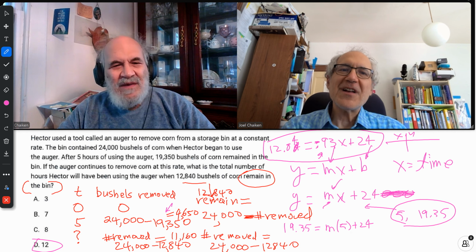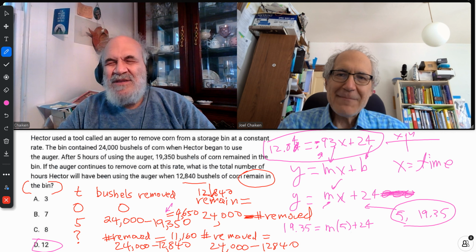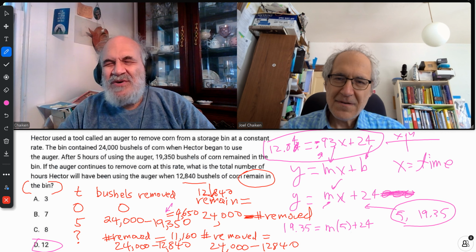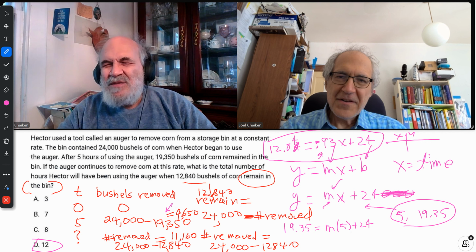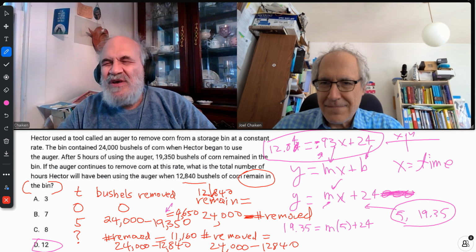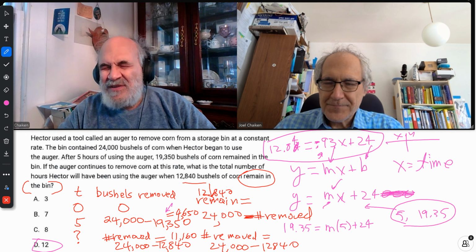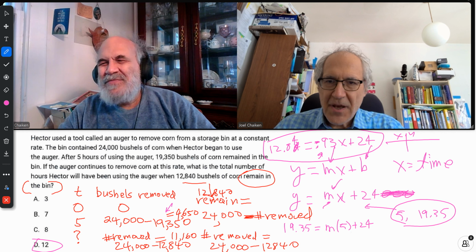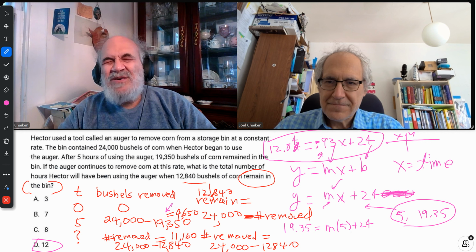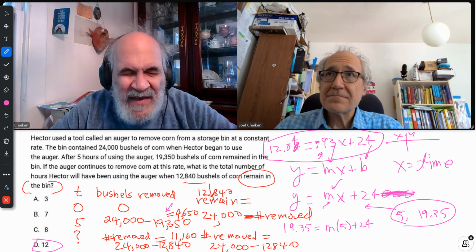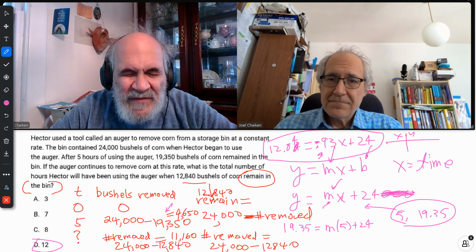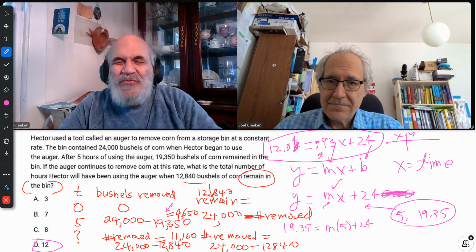But frankly, I was lucky because I wasn't paying attention, and I didn't even finish doing it in terms of the number of bushels removed as a function of time. The number of bushels removed is a linear function of time with no constant. So I figured I'd calculate the rate and then find out how many bushels were removed.